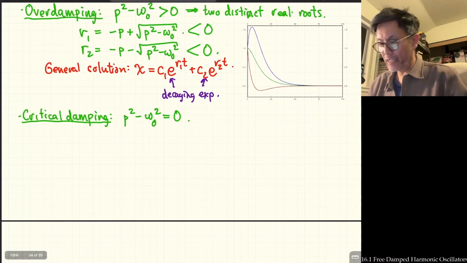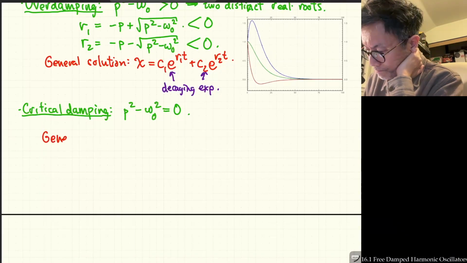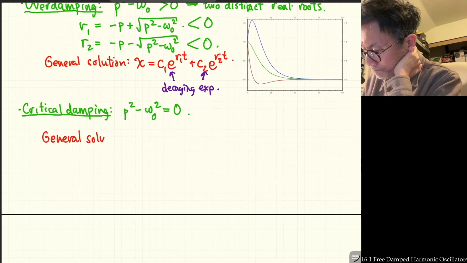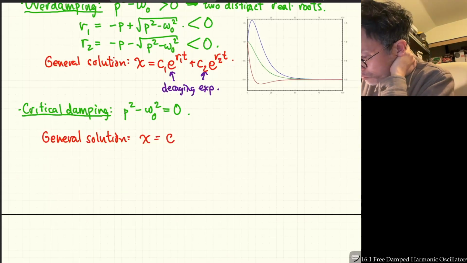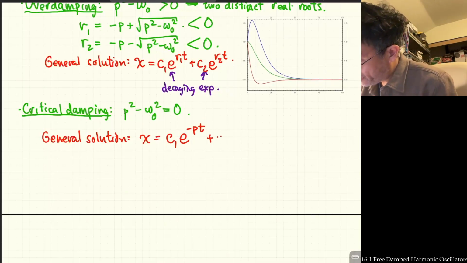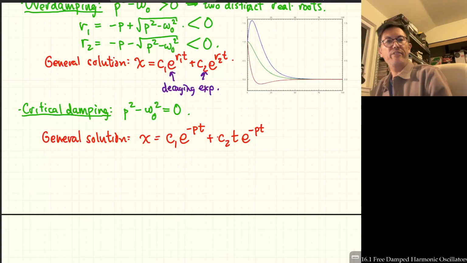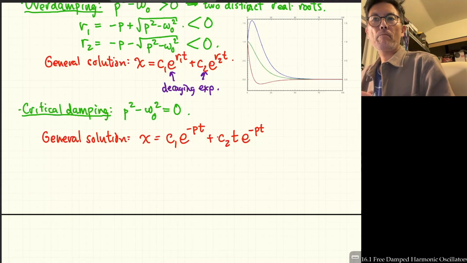So in this case, the general solution is going to be x equals c1 e to the negative p t plus c2 times t e to the negative p t. Remember, that's how we deal with a repeated root.